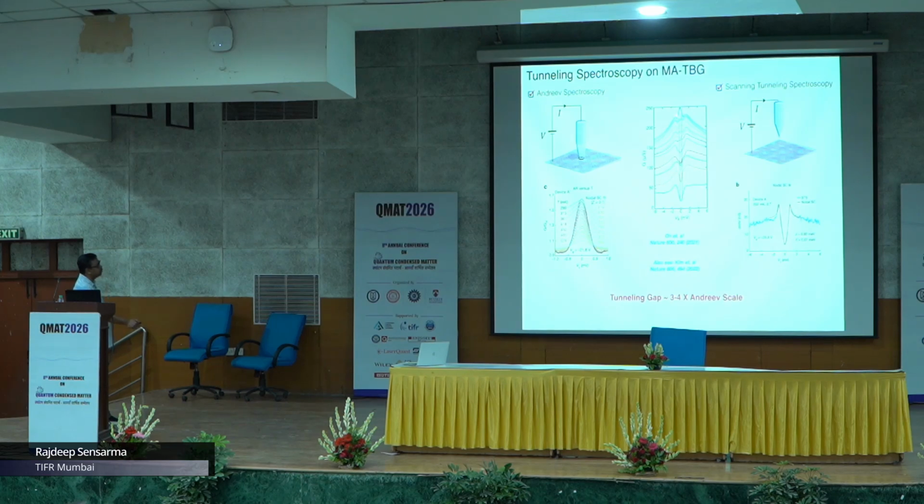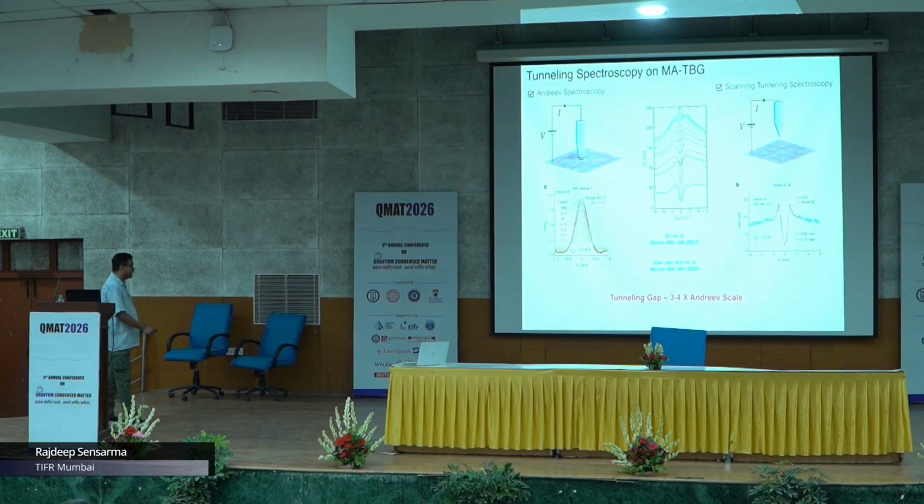But as you go closer and closer, and in the end you just push it into the system, you go into the limit of Andreev spectroscopy, and instead of a gap, you see that there is an excess conductance coming up. This is a fit of that excess conductance and so on.